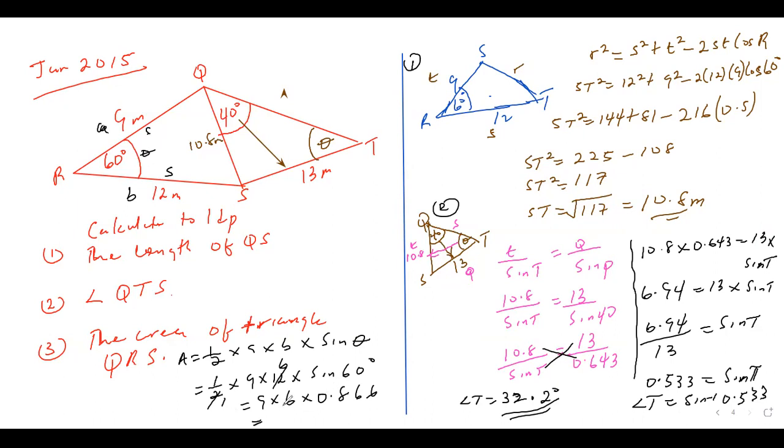Can somebody multiply everything and tell me what you get? 46.764. They want the answer to 1 decimal place, so what will I get? 46.8. Am I right? Yes, sir. Centimeter square.